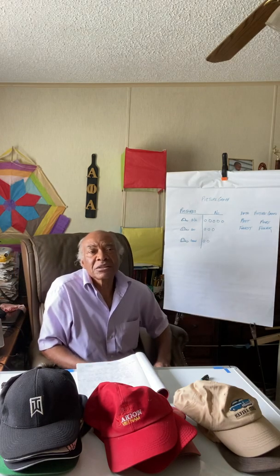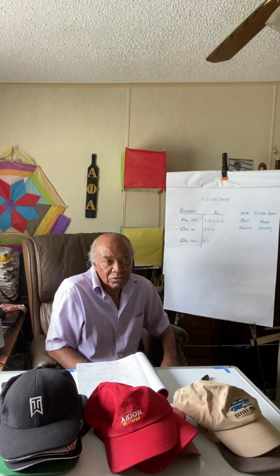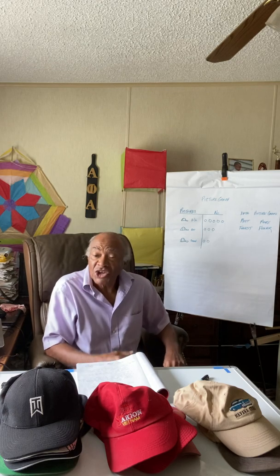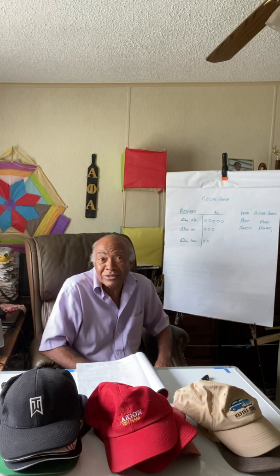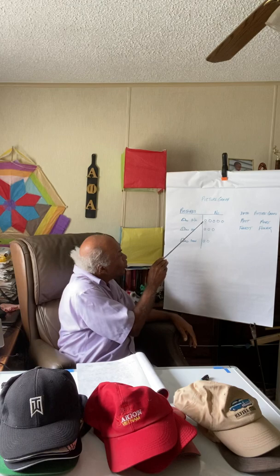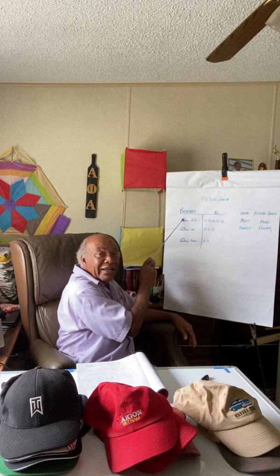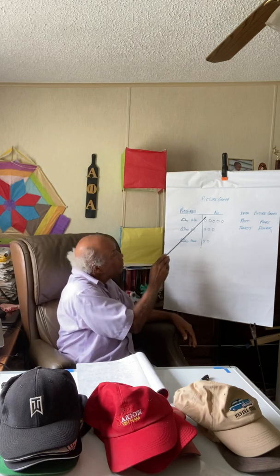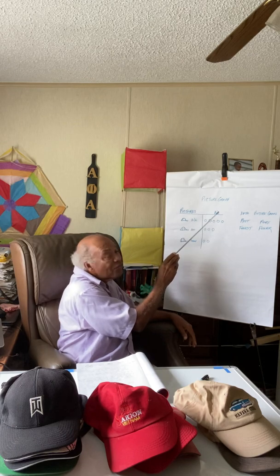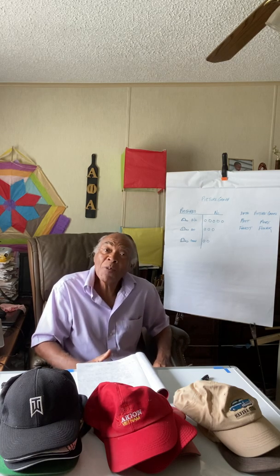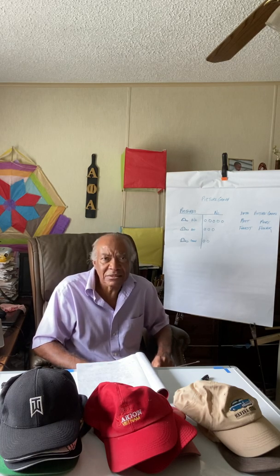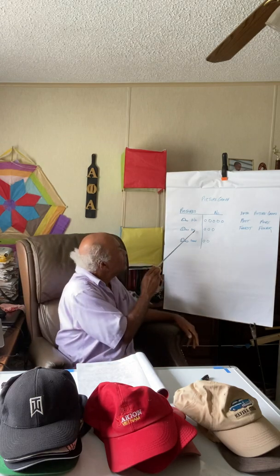Let's look at some other information. John has the most of what color hats? Most. Black. How many? 1, 2, 3, 4, 5. Now, how many more hats than the red ones?